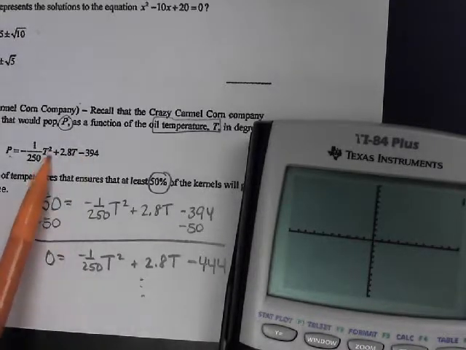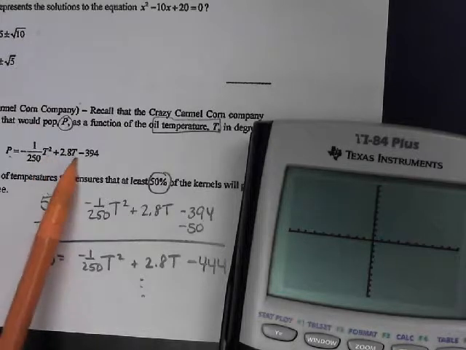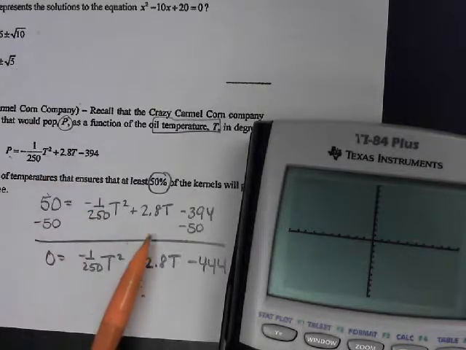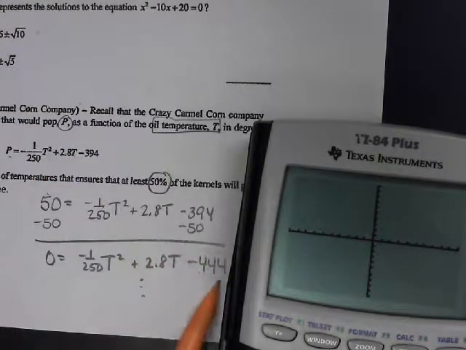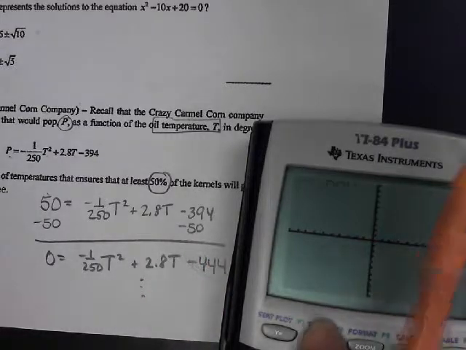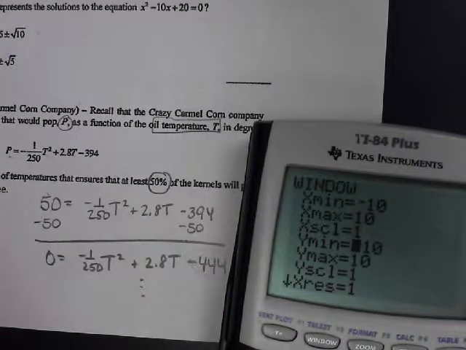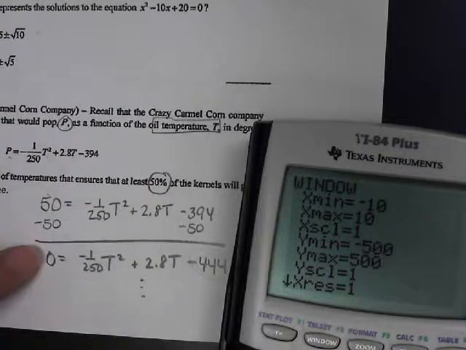now T is the temperature I'm cooking at. Well, first of all, think about your y-intercept. Your y-intercept is negative 444, so my window is not big enough. I'm going to go to negative 500 to 500. My percentage is obviously 0 to 50%.